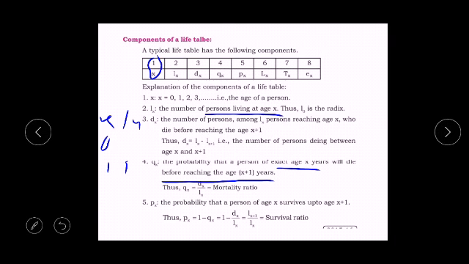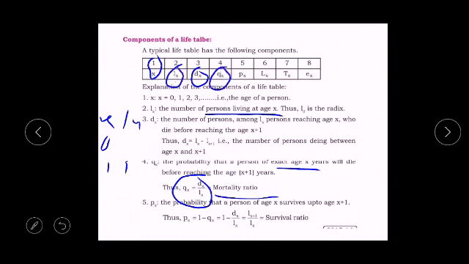So here the formula for qx is equal to dx divided by lx. So it is also called the mortality ratio. So qx is dx divided by lx, that is column number 3 divided by column number 2, that gives us column number 4.